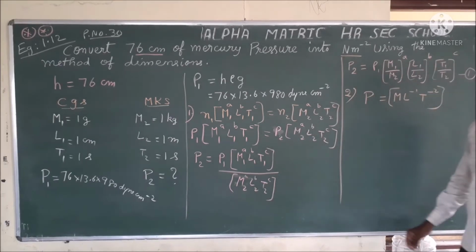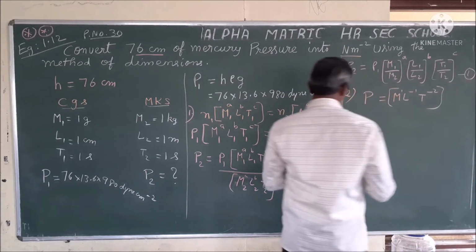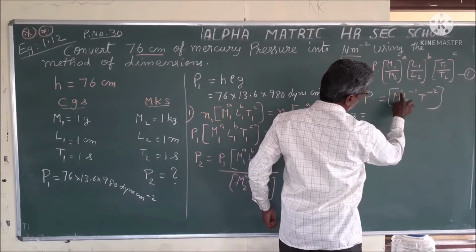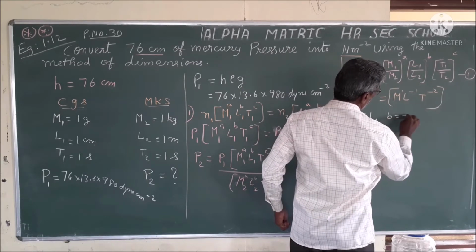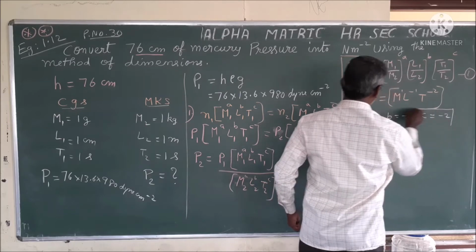Here M power 1. Now we compare. From this I can get the value of a, b as well as c. So a is equal to 1, b is equal to minus 1, c is equal to minus 2.